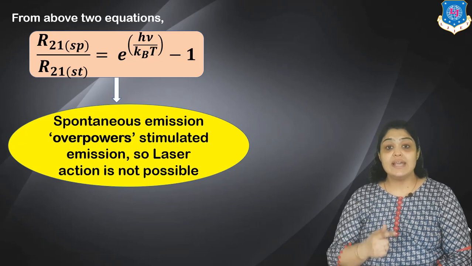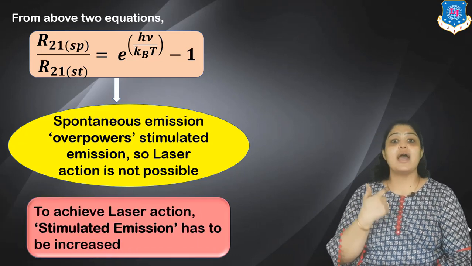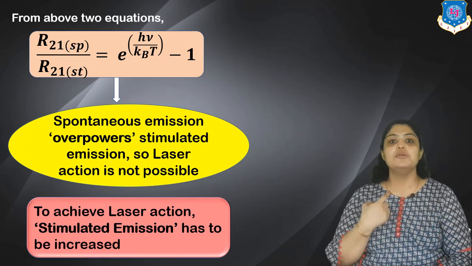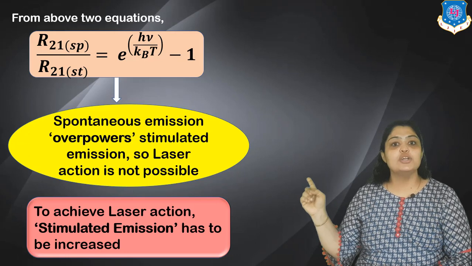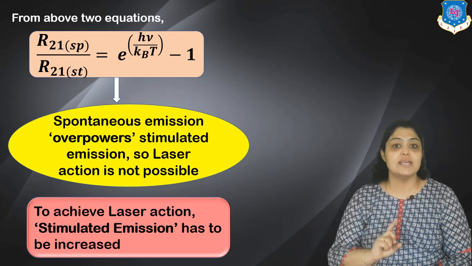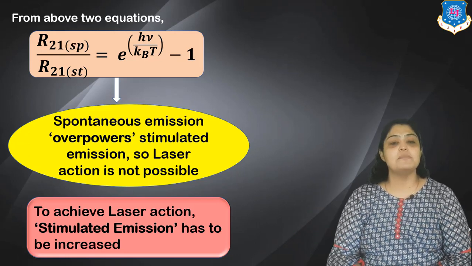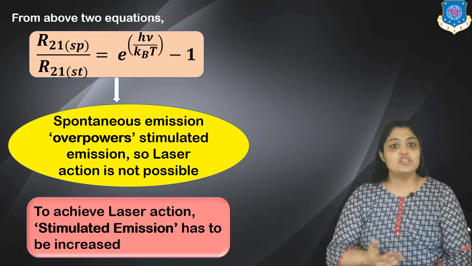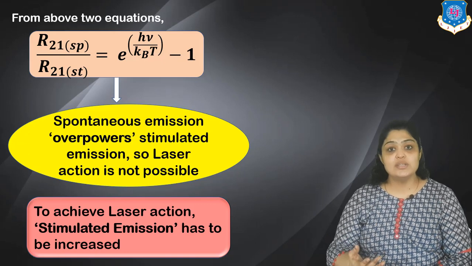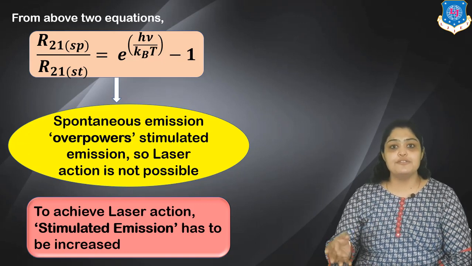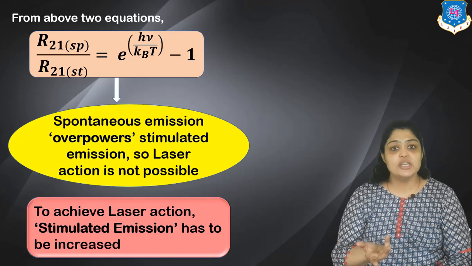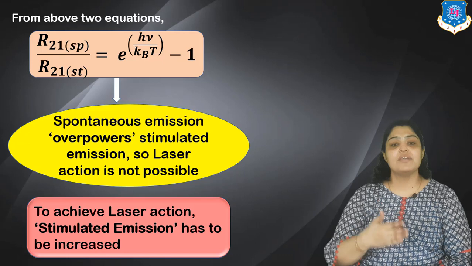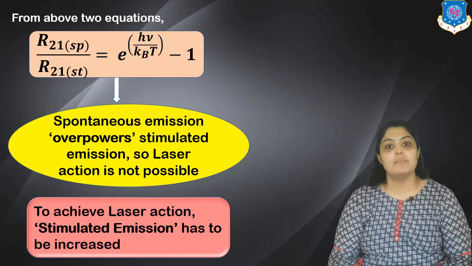So if I want to achieve laser action, I will have to increase the stimulated emission, because by comparing the two emission processes, he concluded that spontaneous emission is more. And we all know that spontaneous emission cannot be controlled. It is incoherent and scattered in different directions. Then how will laser be achieved? So what Einstein proposed is that we have to increase the stimulated emission.